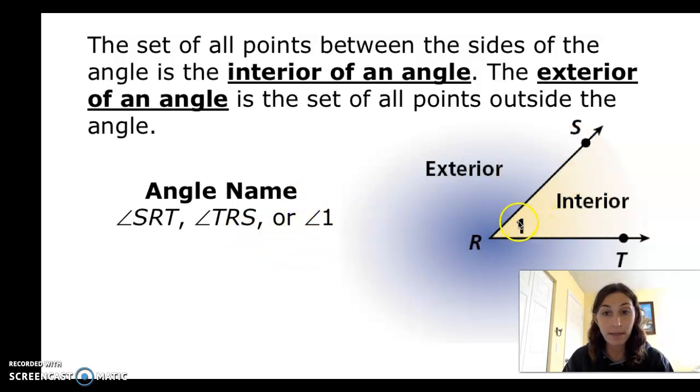In this situation, it would be called angle 1. What I want you to understand is the vertex of the angle will always be in the middle when naming an angle. In this case, the vertex is R, which is why R is in the middle of naming the angles. Either one of these names you can use to name this angle. It does not matter which one.